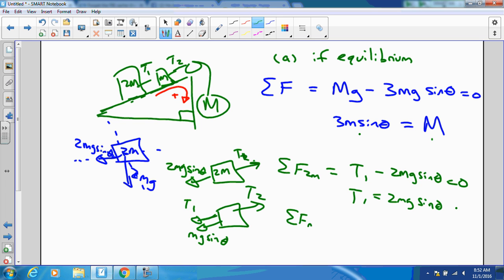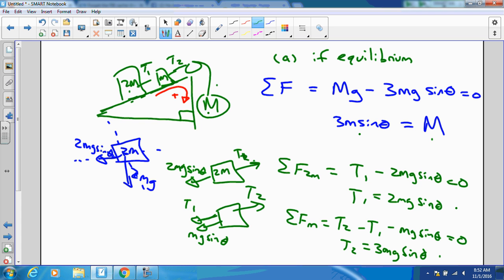Right, so T2 equals 3mg sine theta, which we could also have gotten by observing the free body diagram for big M. So notice that the objects on the ends of our system are a little bit easier to analyze.